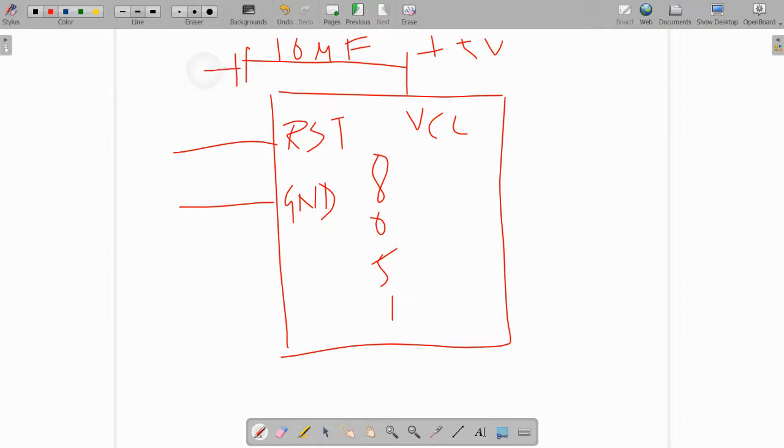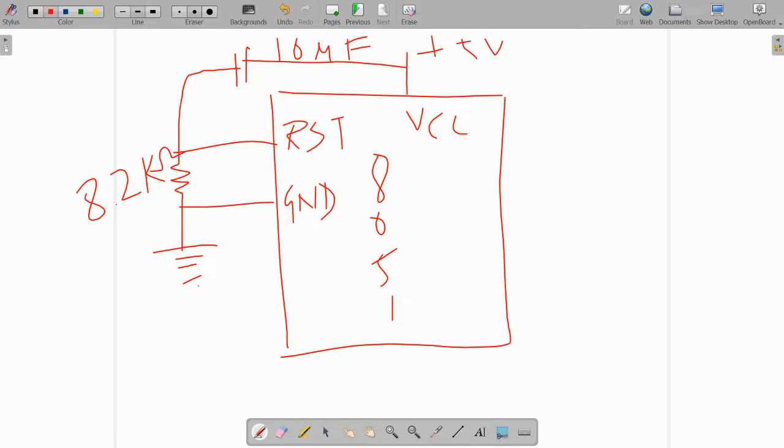Then it is connected to RST pin, and then you have a resistor, and then VSS, and then ground. This resistor is of 8.2 kilo ohm. Okay, so this is your RST.